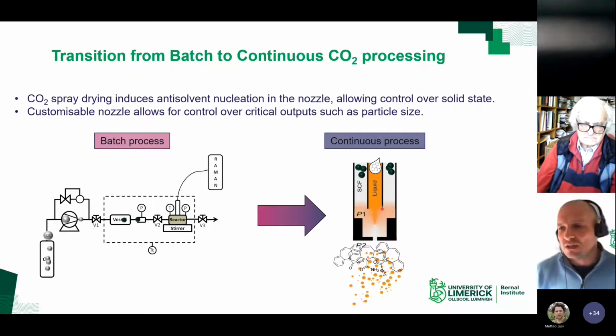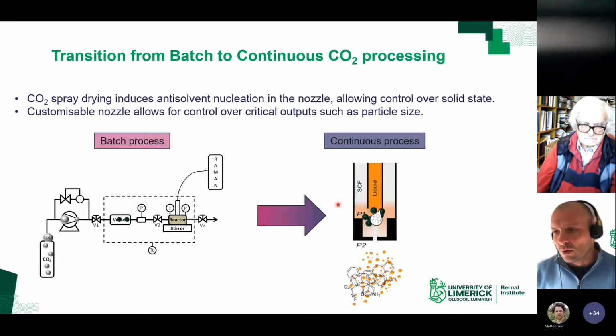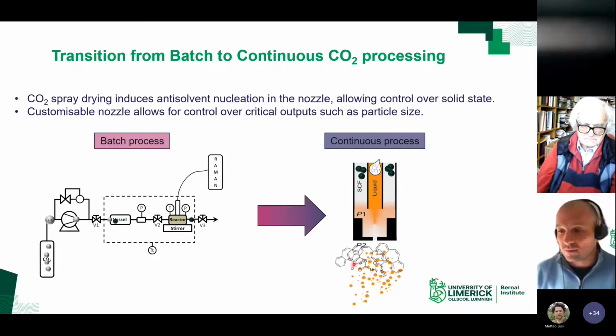We are converting this into just a coaxial nozzle, and we're using a conventional spray dryer. No pressure inside the drying chamber. The pressure is only used here in the nozzle. So here in the nozzle, we have the CO2 going from the sides, the drug solution coming from internally, and then high pressure occurs here. This is sprayed into an atmospheric drying chamber.